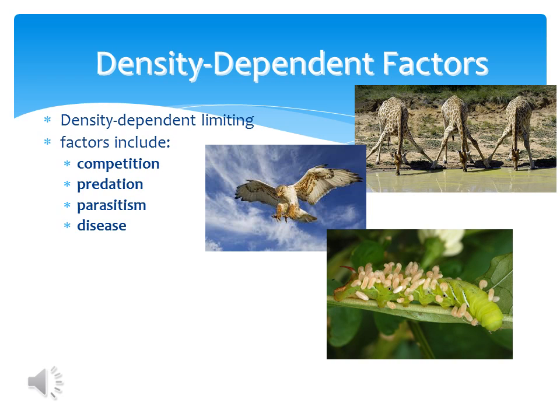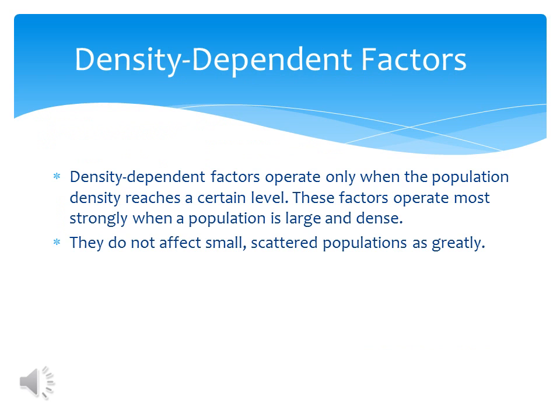These pictures just show a few of the examples. Density-dependent factors operate only when the population density reaches a certain level. These factors operate most strongly when a population is large and dense. They do not affect small, scattered populations as greatly.